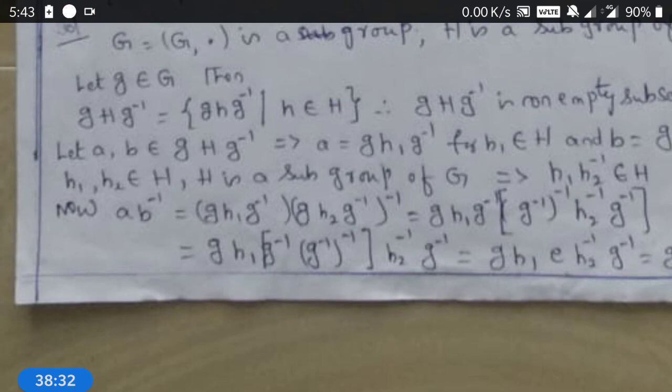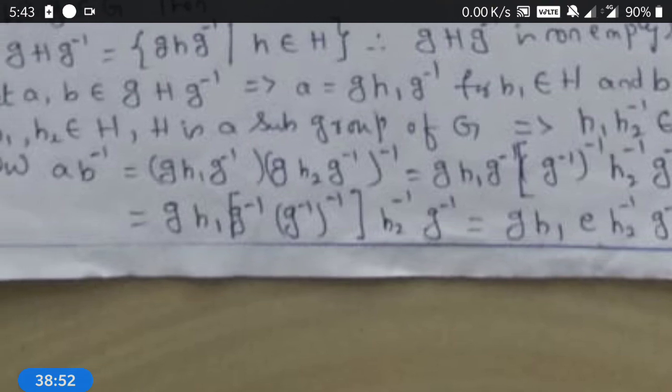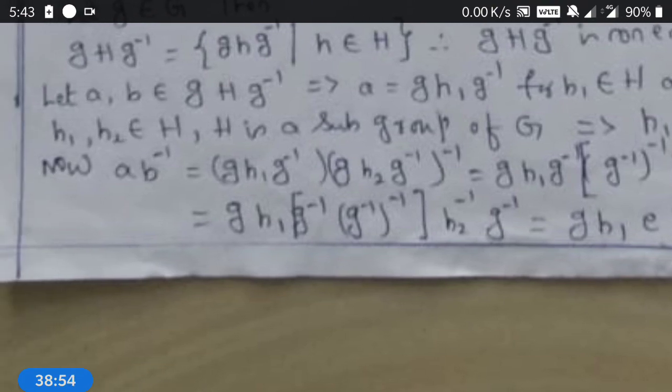Now, a b inverse is equal to g h1 g inverse into (g h2 g inverse) whole inverse, which is equal to g h1 g inverse into (g inverse) whole inverse into h2 inverse into g inverse, which is equal to g h1 (g inverse g) h2 inverse g inverse.